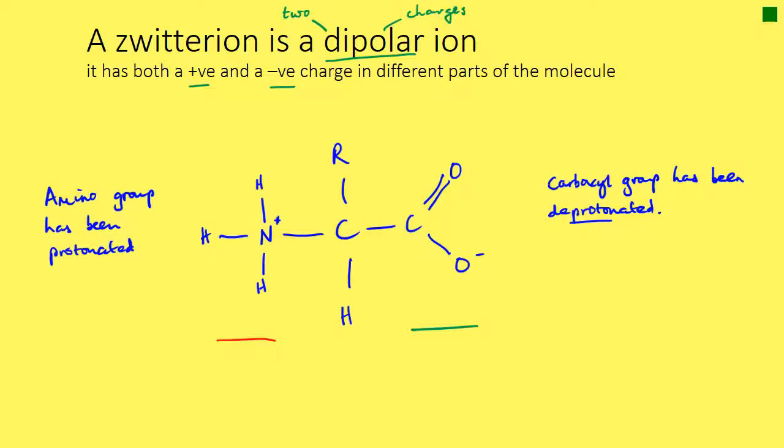Negative charge coming from the fact that the carboxyl group, or the OH group, has been deprotonated, whereas the amino group has been protonated. So it's accepted a proton, which came with a positive charge. So now we've gone from a molecule that was an amino acid to a dipolar ion. It's got both a negative and a positive charge, and that dipolar ion is called a zwitterion.